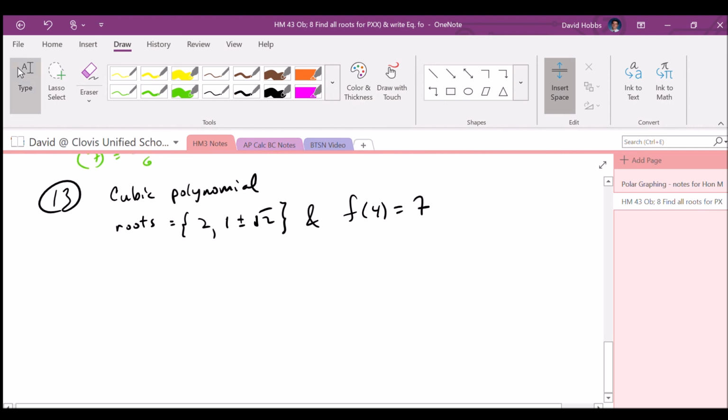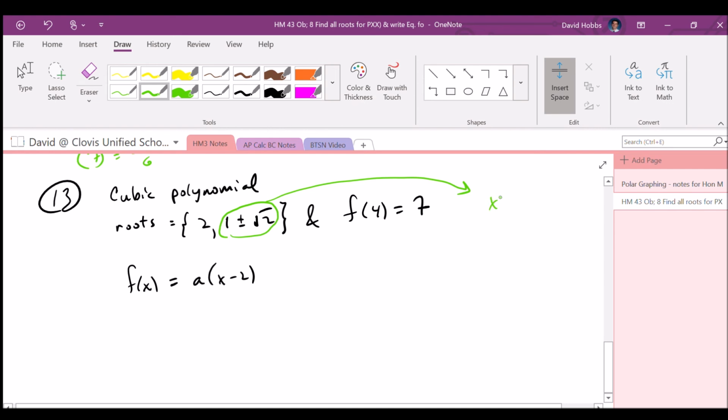Okay, well, it's an equation, and they told us the name. The name is f of x, because they told us f of 4. So f of x equals a times, okay, well, 1 root is 2, so x minus 2. And then we've got the 1 plus and minus root. Well, okay, there's a conjugate pair. So guess what we're going to do right now? We're going to use Cheryl's method.